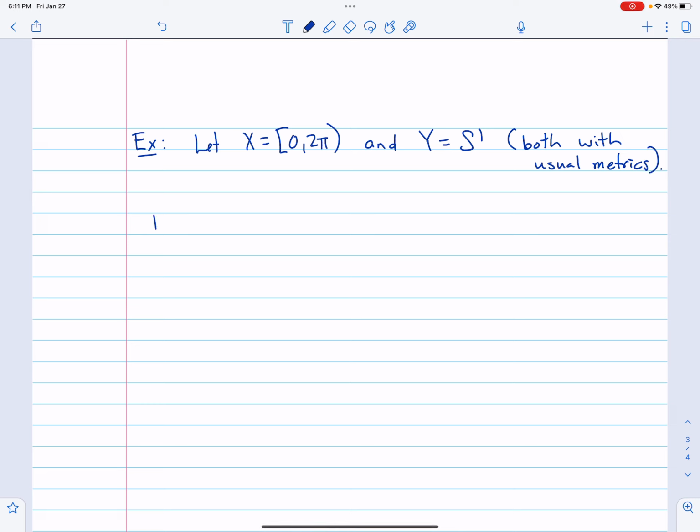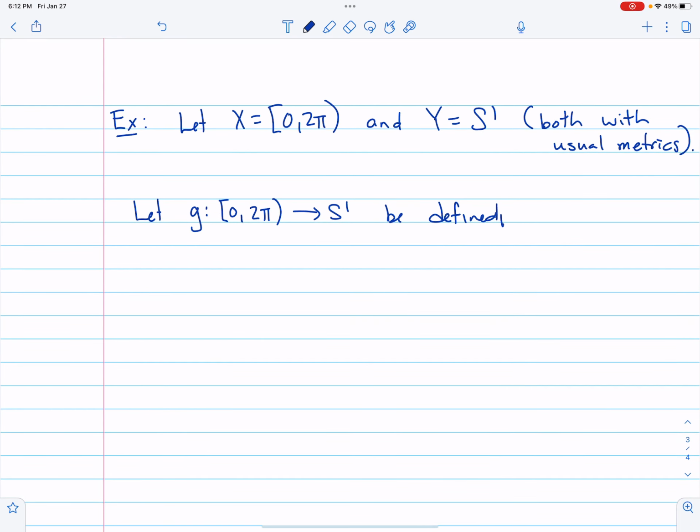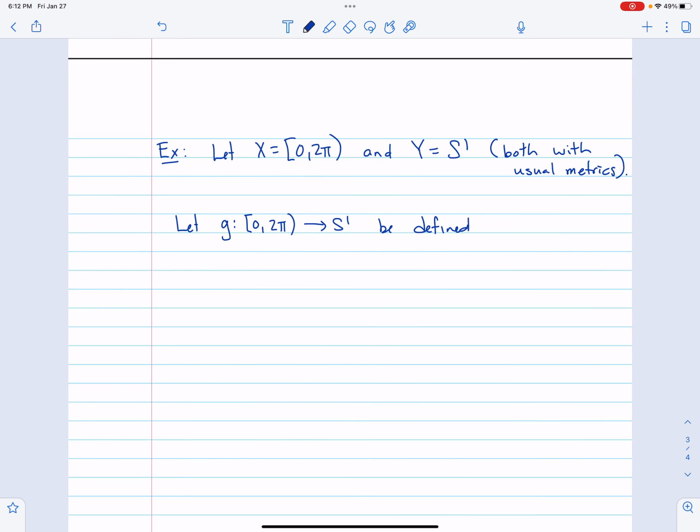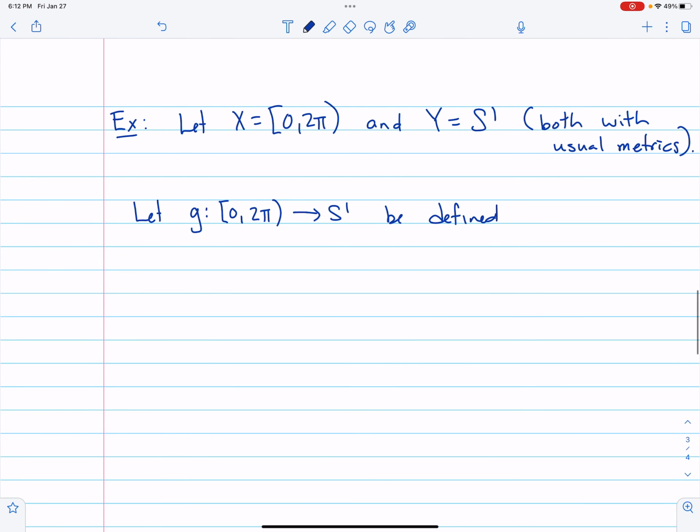Let g be a function from the interval 0 to 2 pi to S1, defined by taking g of x equals cosine of x, comma sine of x.